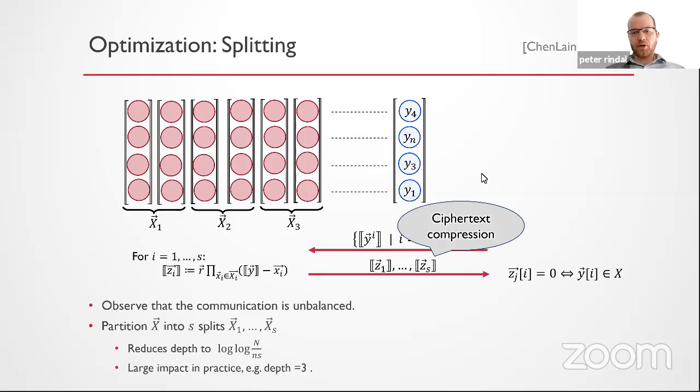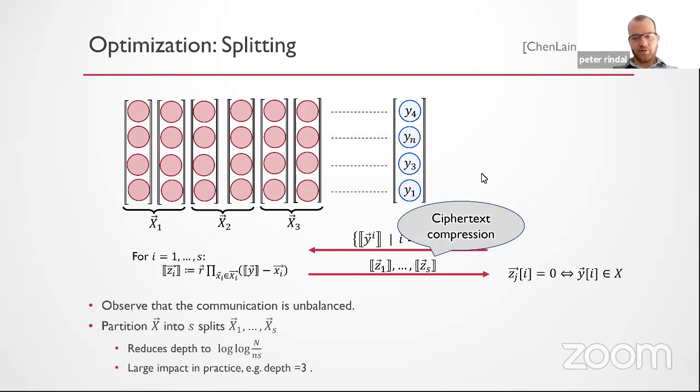I'm not going to go into it here, but we also describe a not too unstandard approach where you can compress these back ciphertexts using some FHE techniques so that they get smaller. This allows you to actually increase S a little bit more and get better performance.